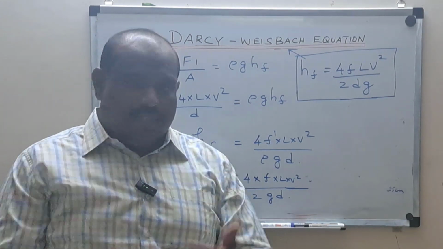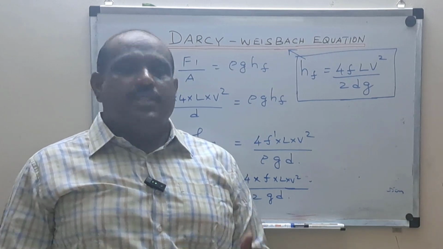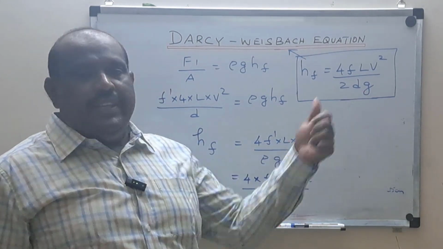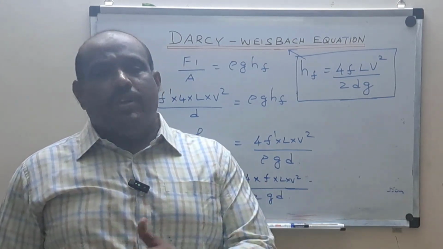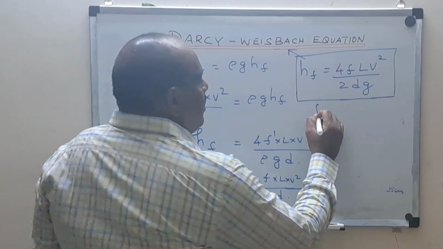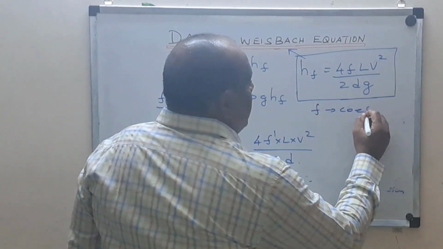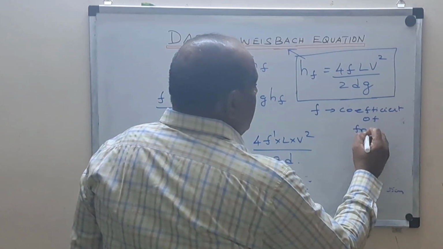Not only the velocity, the square of the velocity. It will increase many times. So when the flow becomes turbulent, the head loss will be very high. This particular equation is known as the Darcy-Weisbach equation, where f is called the coefficient of friction.